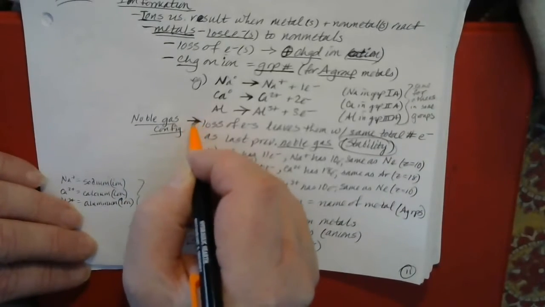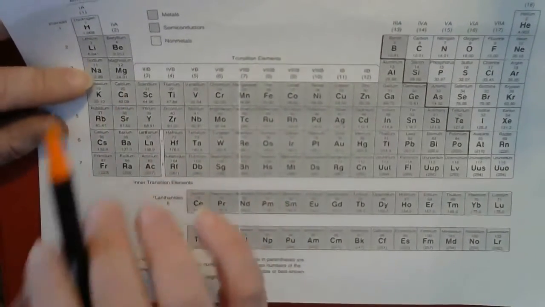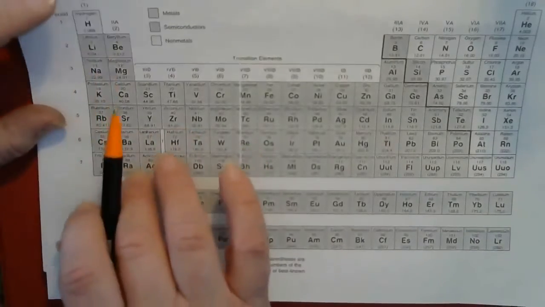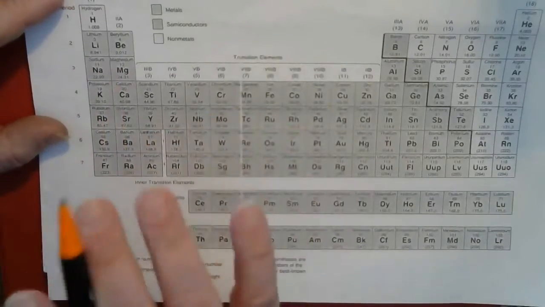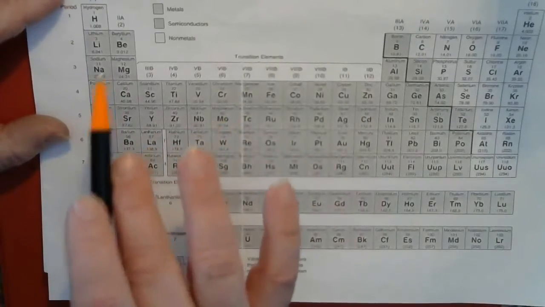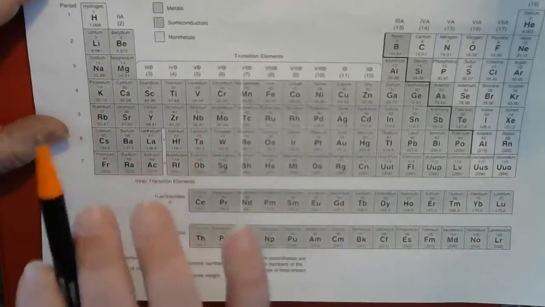If you remember what the atomic number represents, it represents the number of protons in the nucleus of an atom. And as long as you're talking about a neutrally charged atom with 0 charge overall, that atomic number also represents the number of electrons that that element normally has.